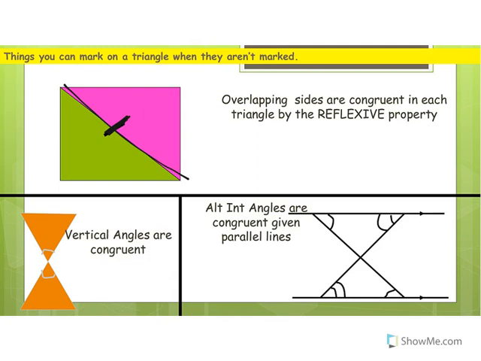And we have also learned that vertical angles are congruent, so whenever we see vertical angles, immediately we mark them congruent. And the third one is alternate interior angles are congruent by parallel lines. So these two are alternate interior, and these two are also alternate interior. Right? Notice that for parallel lines, they have the same marking of an arrow.